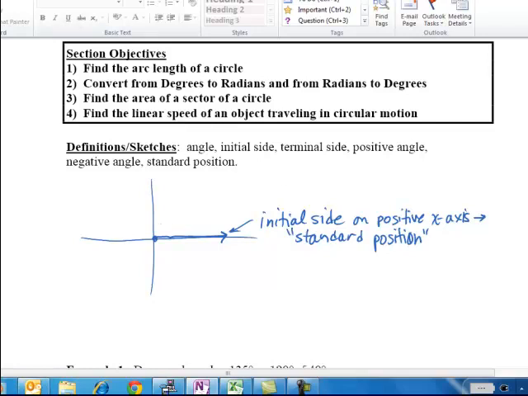Then, if we picture an angle whose terminal side is over here, so rotated in a counterclockwise direction from the initial side.